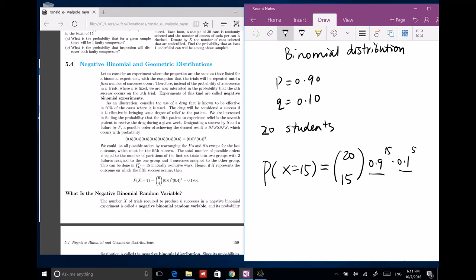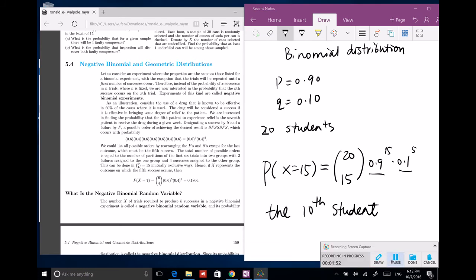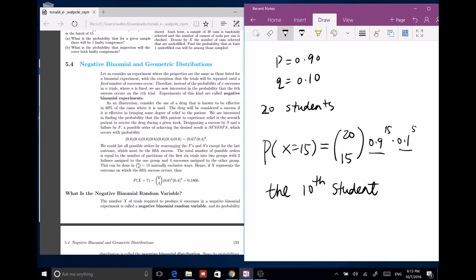I grade the tests one by one. What is the probability that the 10th test I check is the 8th one to pass?